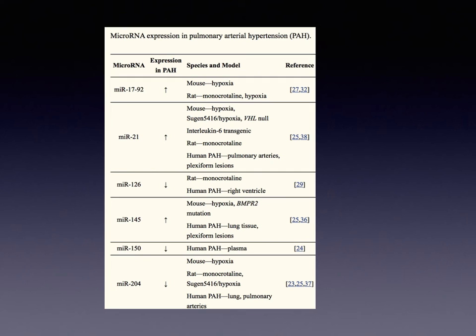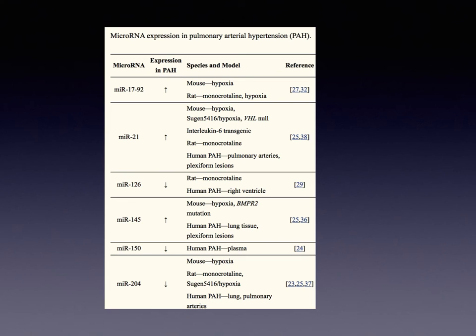And then examination of MIR expression in remodeled pulmonary arteries from patients with severe pulmonary hypertension identified MIR 126 and MIR 21 levels as being upregulated in plexiform compared to concentric lesions, while expression of MIR 143, 145, and MIR 204 were higher in concentric lesions.